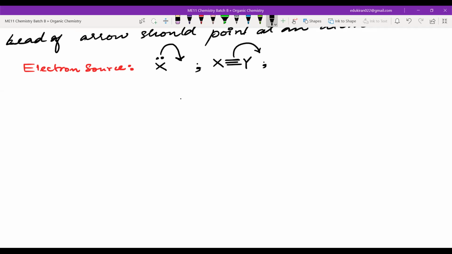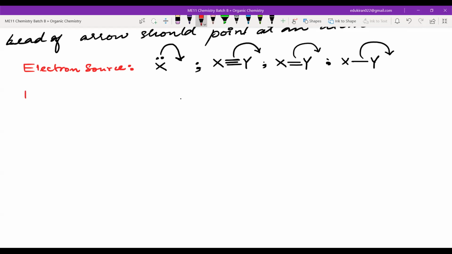The electron source should always be some electrons, either present in a lone pair or a multiple bond. You can also have X double bond Y, or X single bond Y, and all of these would be giving electrons. So the tail should be at a bond.